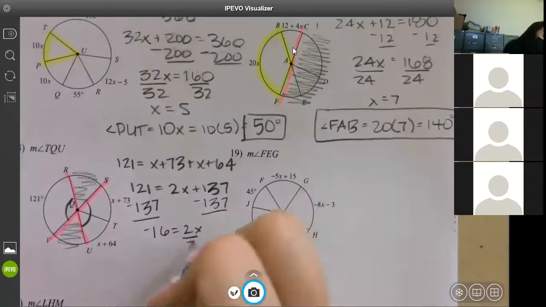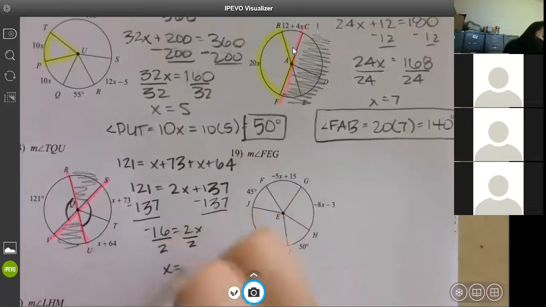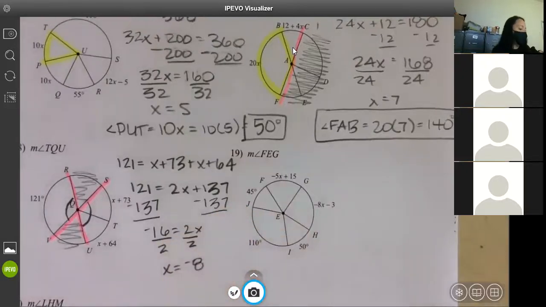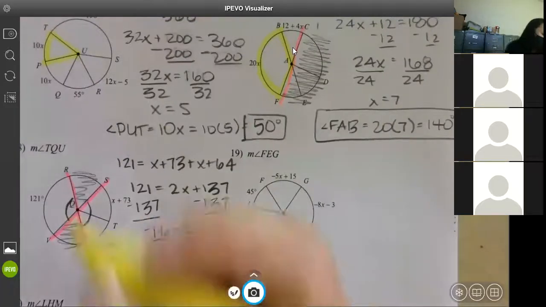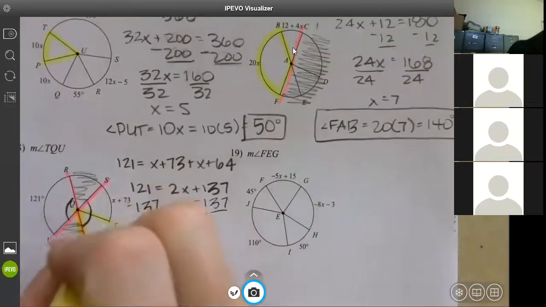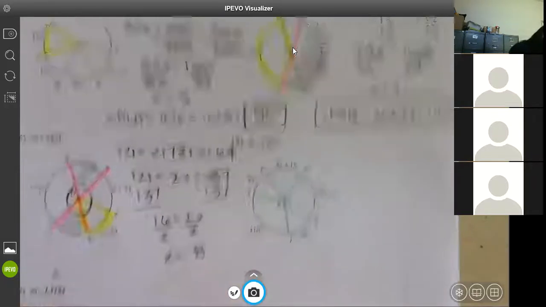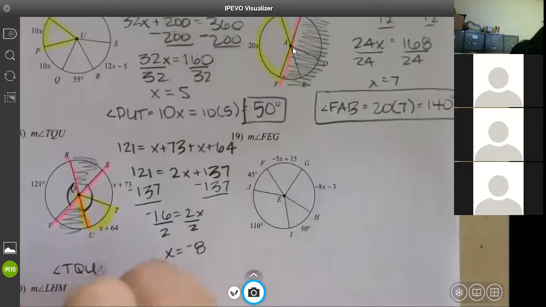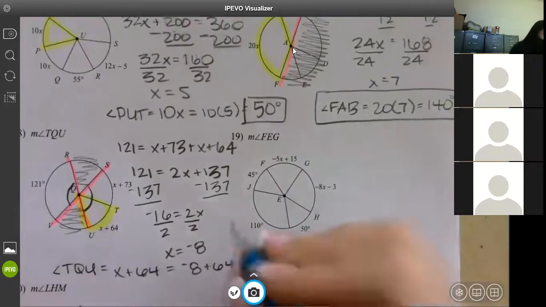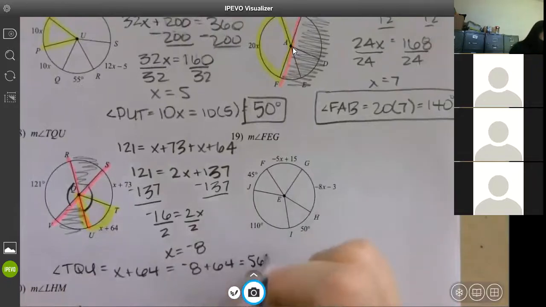Divide by 2, and x equals negative 8, but that's not our answer. It wanted T, Q, U. That's this one, so we have to do x plus 64. So angle TQU equals x plus 64, which is negative 8 plus 64, which is 56.